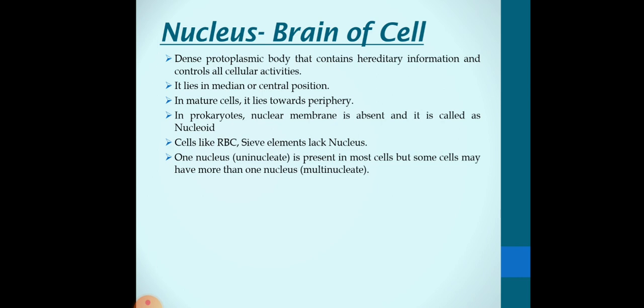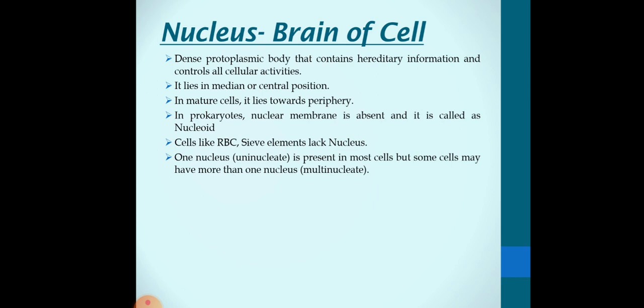The membrane which encloses the nucleus is called the nuclear membrane. In prokaryotes this nuclear membrane is absent, and the region where the contents of the nucleus are present is called nucleoid. There are some cells which lack a nucleus, and those cells are RBC, that is red blood cells, and sieve elements. Sieve elements are found in plants.